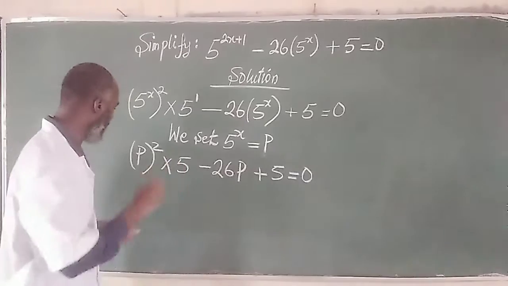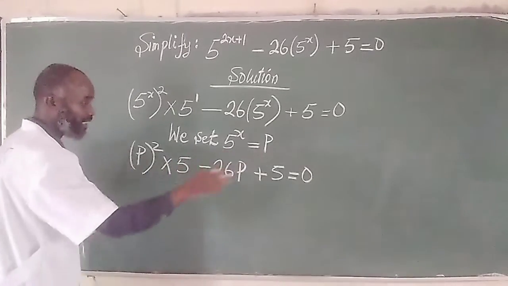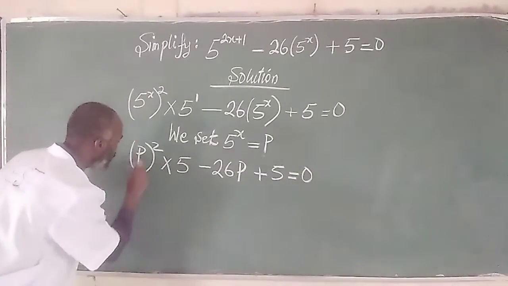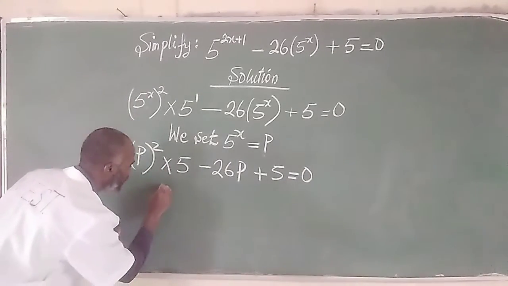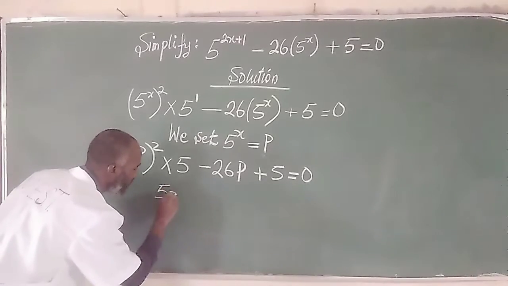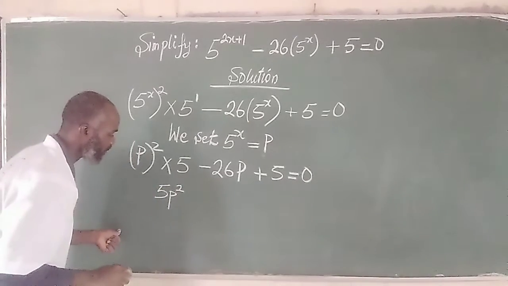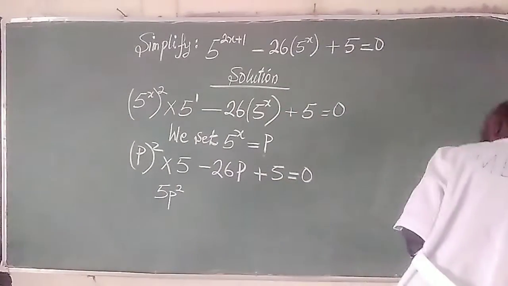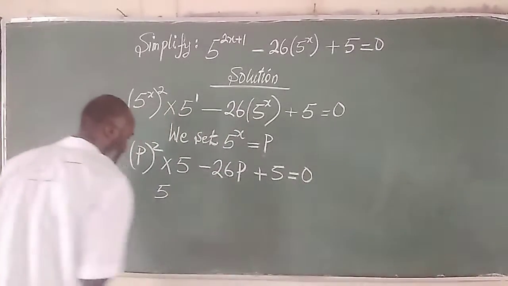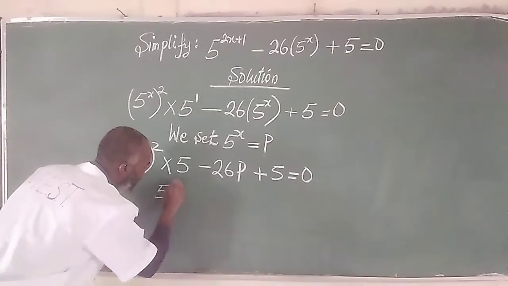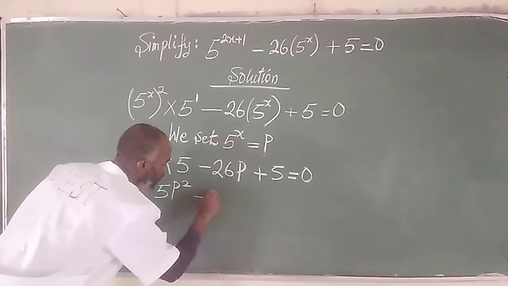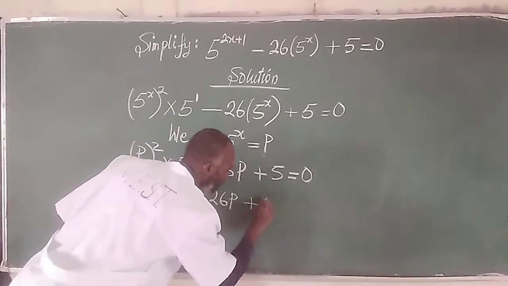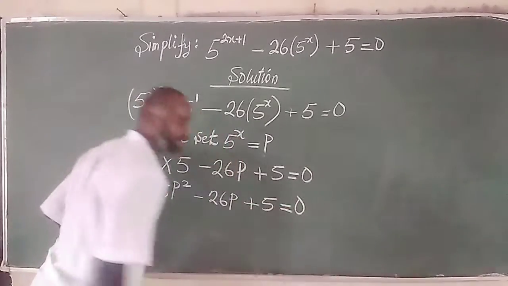Okay, so we move on again to clear out all things and then generate a quadratic equation. This squared times this is going to give us 5p squared. Good, so we have minus 26p, and then finally we have plus 5 all equal to 0.